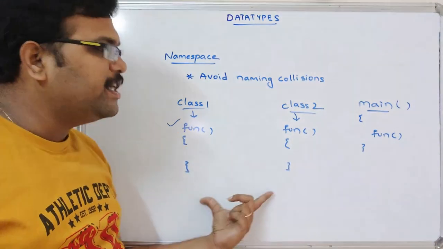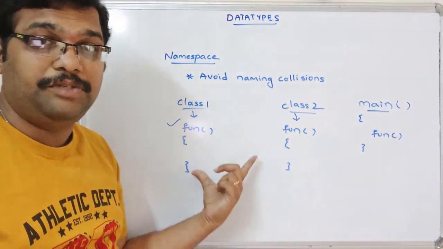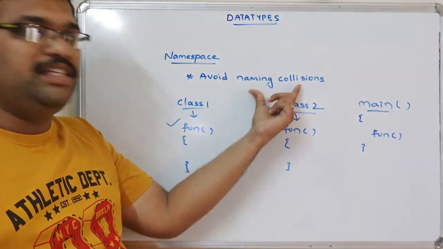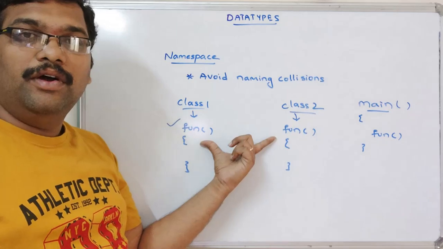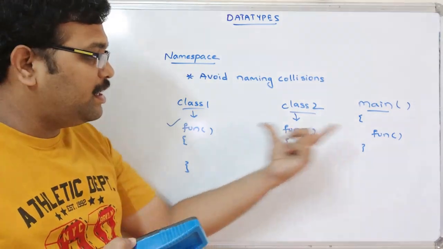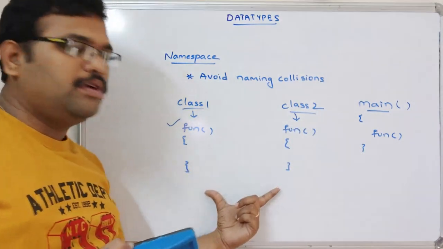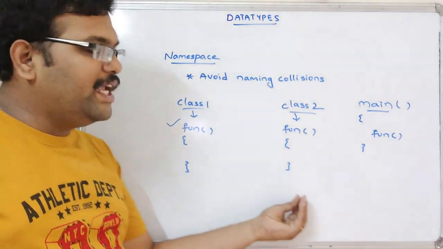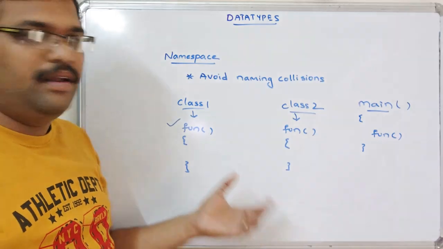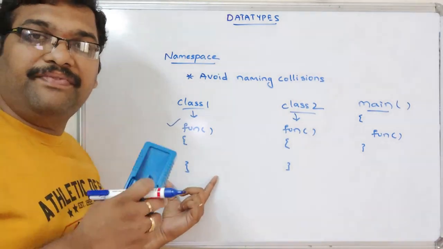Which function will be executed? Such a situation we call a naming collision, because two functions have the same name, and the compiler doesn't know which to execute. For this purpose, we have to give some additional information to get the right function.